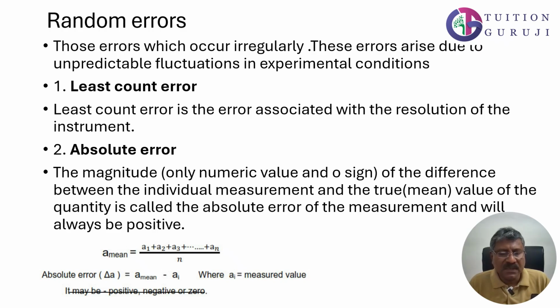If A1, A2, A3 up to AN are the values you received in multiple experiments, then A1 plus A2 plus A3 up to AN divided by N will give the mean value, A mean, or the true value. Then absolute error is the difference of the mean value from each individual value. But in this case, we will take only the magnitude. Sign is not considered. It is the modulus of the difference.